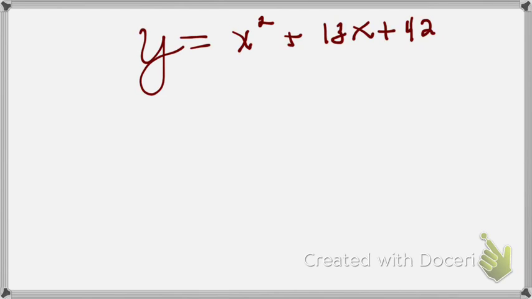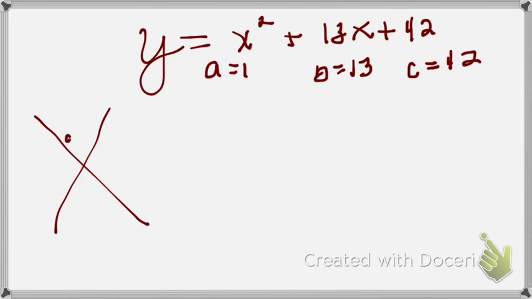So, the first thing we're going to do is identify my a, b, and c. Now I'm going to come over here. This first, right here, is always a times c, so that's going to be 42. This one is always 13. So the question becomes, what factors of 42, when multiplied together, will get you, when added, 13? Okay?